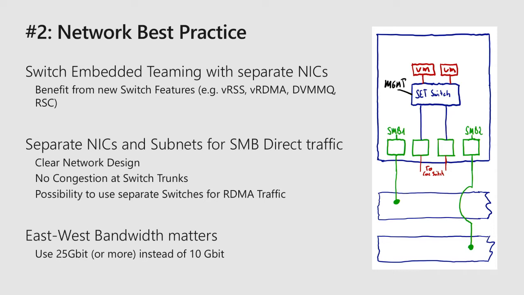There's no need to cross a switch border, because the connections between the switches are sometimes not big enough, and there's a risk of congestion. The queues are filling up, and then the switch has to throw away packets. If you keep your SMB traffic from one subnet in this switch, there is no congestion because we are staying in the same switch.